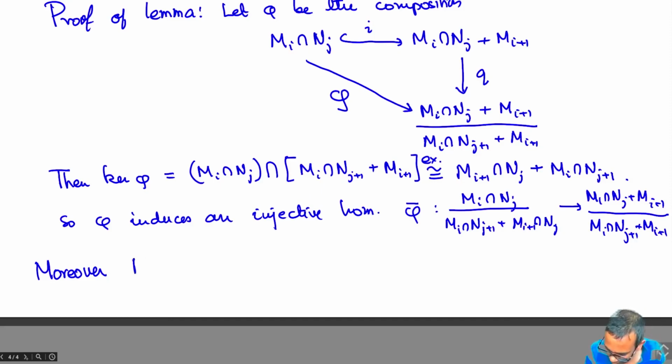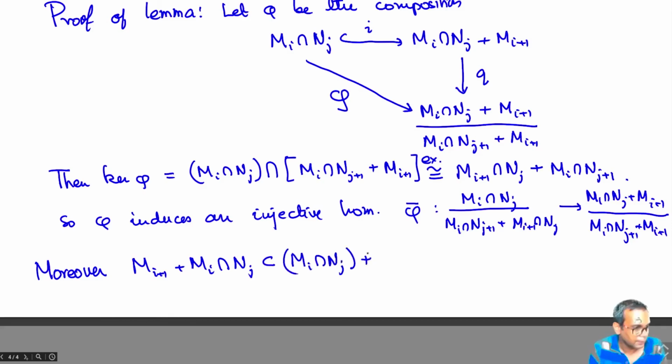But the point is that mi plus 1 plus mi intersect nj is contained in mi intersect nj plus mi plus 1 plus mi intersect nj plus 1.